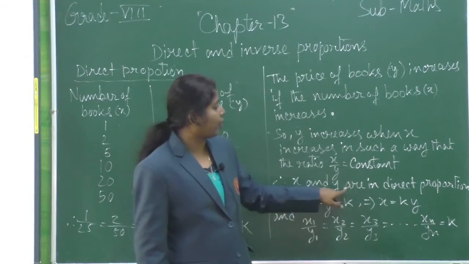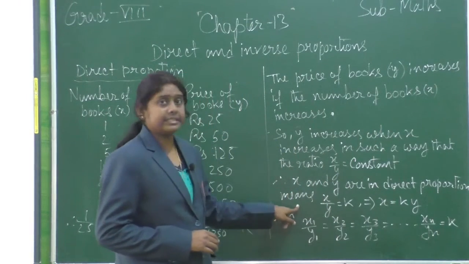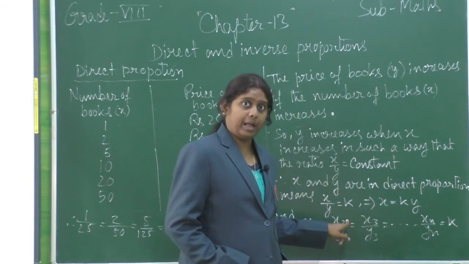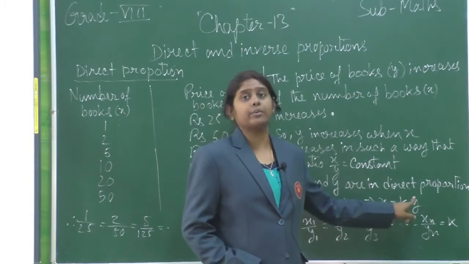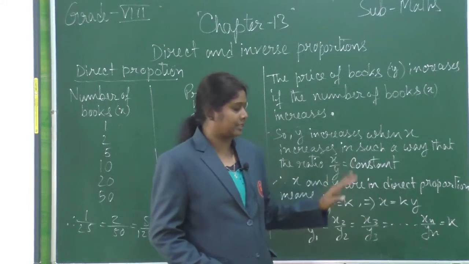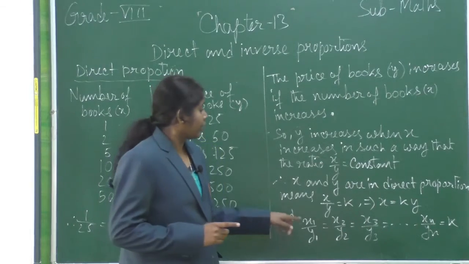Therefore, X and Y are in direct proportion means X by Y is equal to K. That implies X is equal to KY, by cross multiplication.